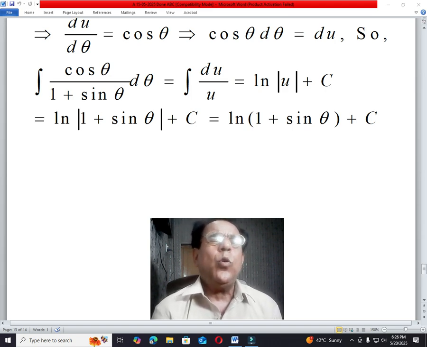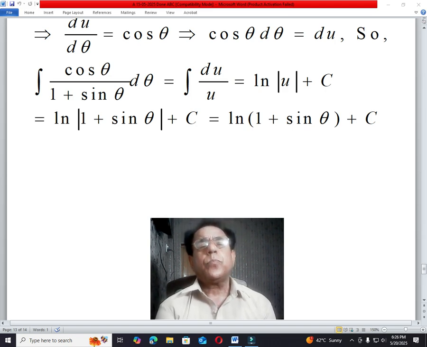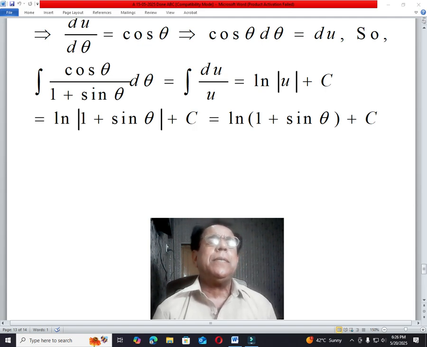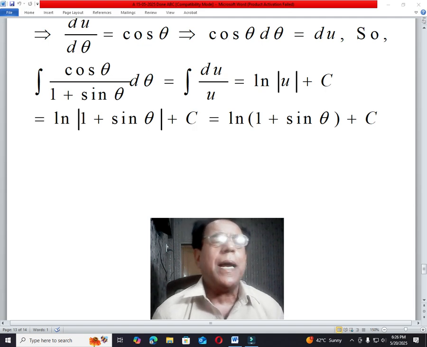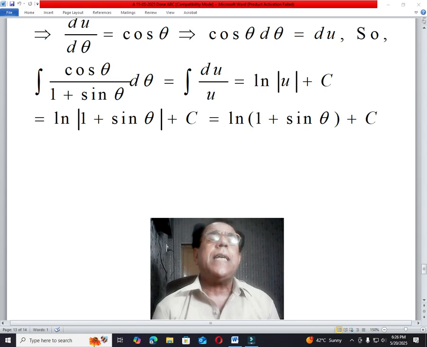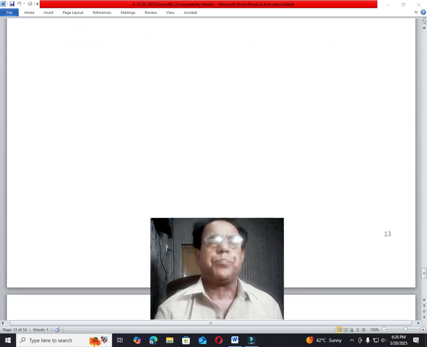Anyhow, trigonometric values vary from 1 to minus 1. Even if at the most the value of sine theta is minus 1, then it becomes 0, not minus 1. It can never be negative. So we can replace this absolute value or modulus by simple parenthesis.